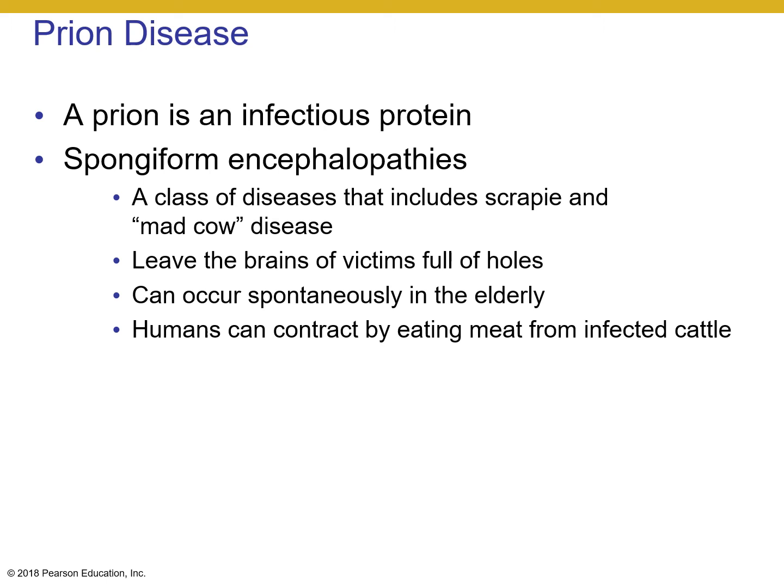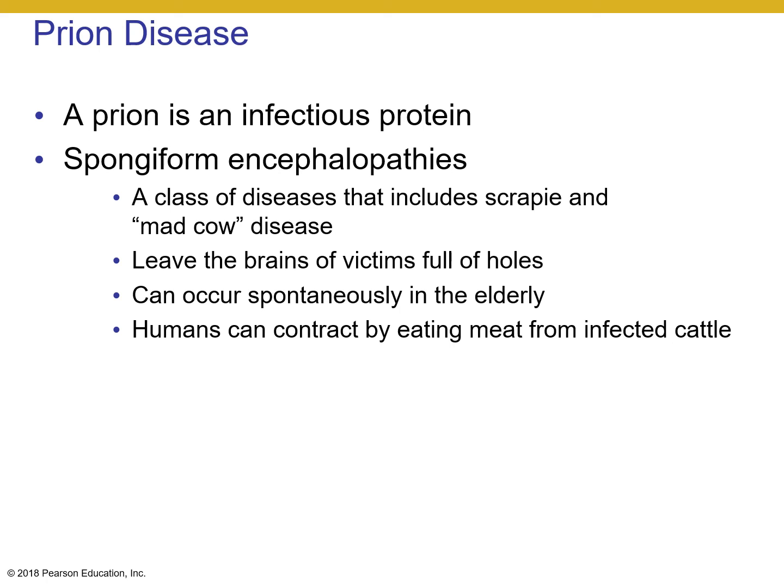The next thing we want to look at are prion diseases. And remember, these are infectious proteins. And we think about scrapie and mad cow disease. This is called spongiform encephalopathies. I had to practice that. Spongiform encephalopathies.